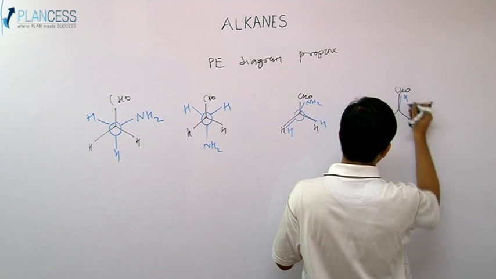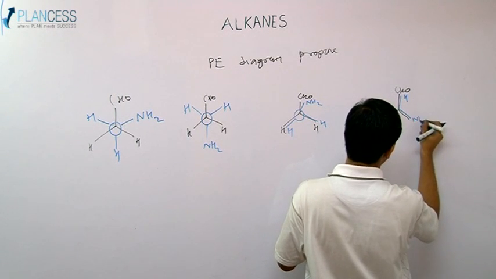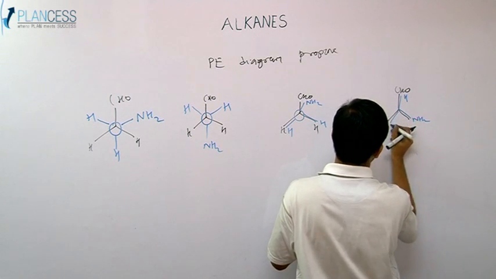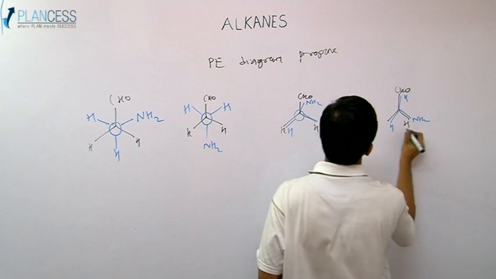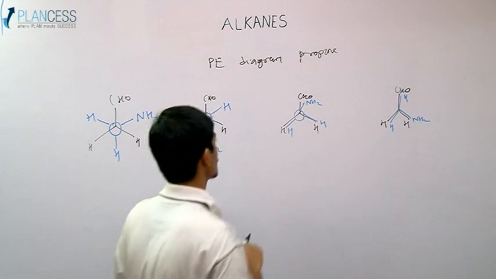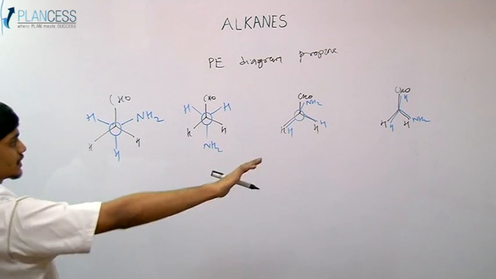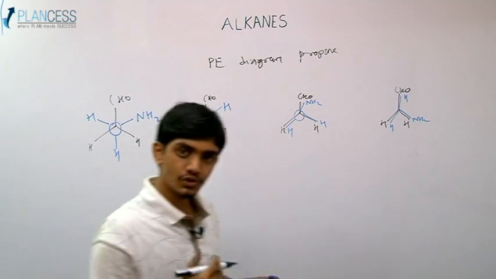But here the difference is we have NH2 over here and hydrogen over here, and here it is hydrogen and hydrogen. Fine. Now out of all these Newman structures, which do you think is the most stable and the least stable structure?